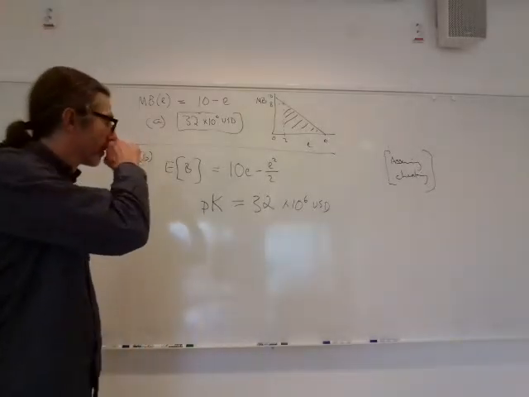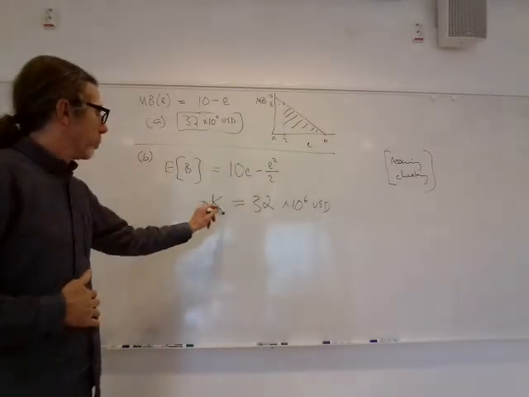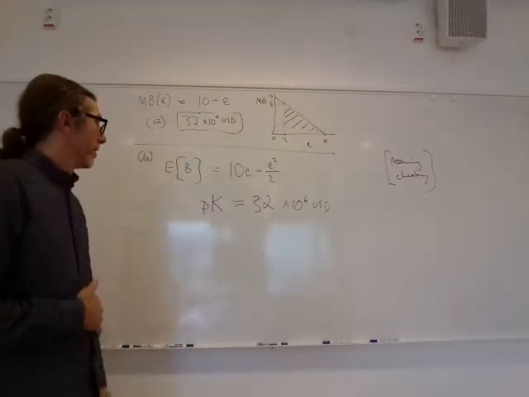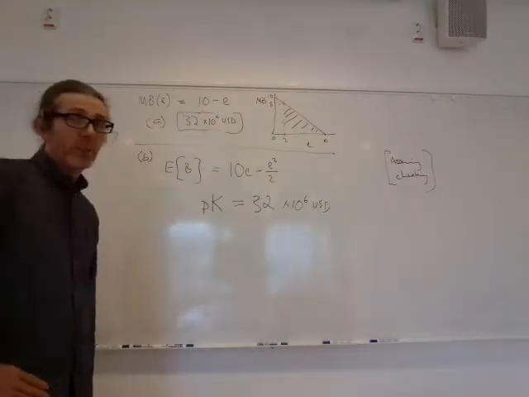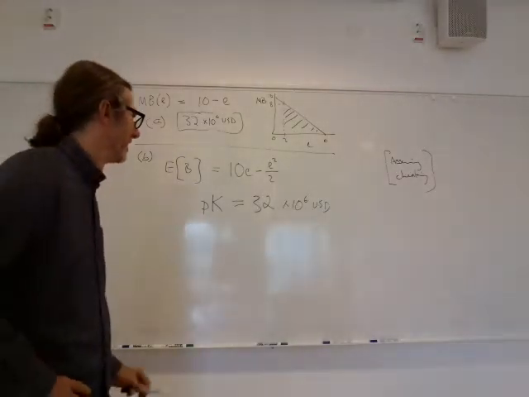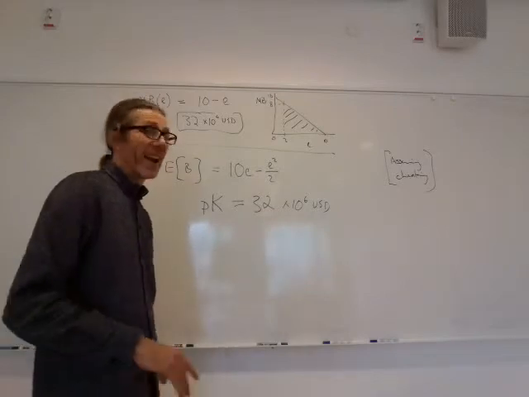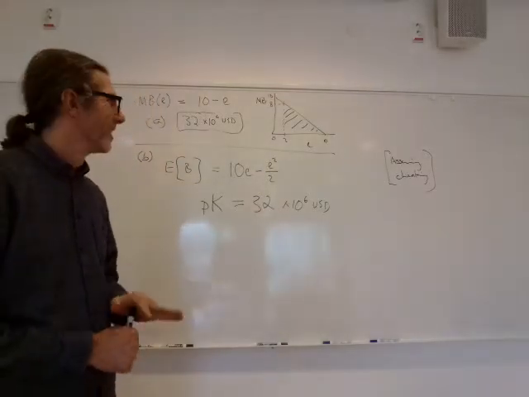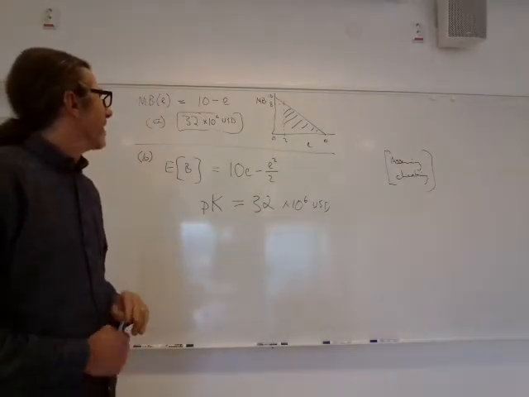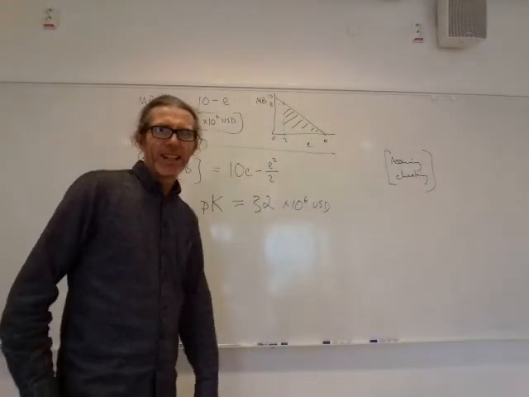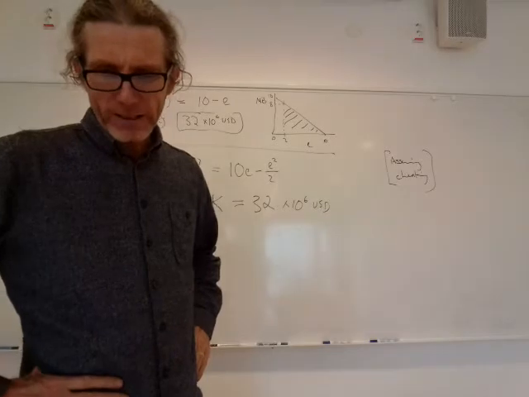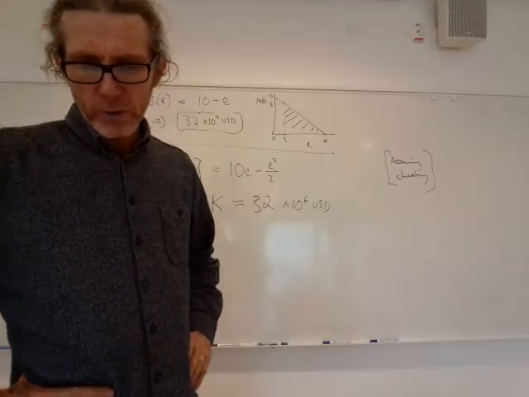Yeah. So PK needs to be $32 million. So if P is still 0.01, you need a very big fine. Okay. And that is the end of question 4.2.